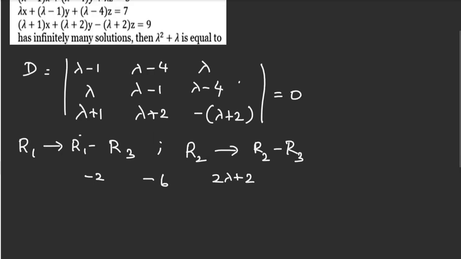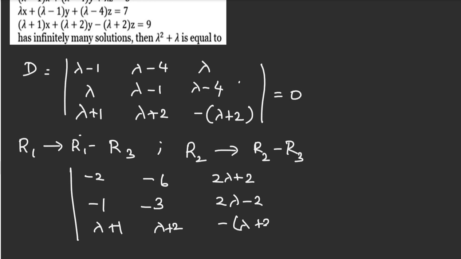Now R2 minus R3, we get minus 1, minus 3, 2 lambda minus 2; lambda plus 1, lambda plus 2, minus of lambda plus 2, determinant equal to 0.